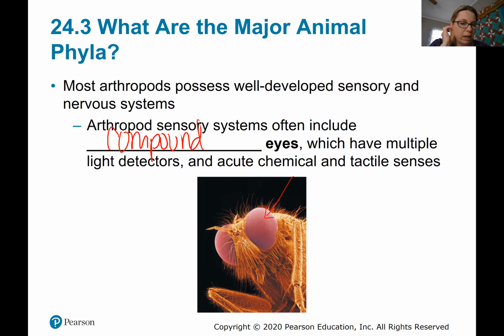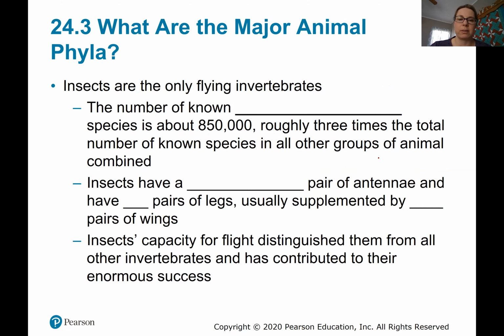They can also have chemical and tactile senses, like smell and feeling. The grasshopper, you'll hear in the dissection video, can actually detect sound. And so they have a fairly well-developed sensory system.